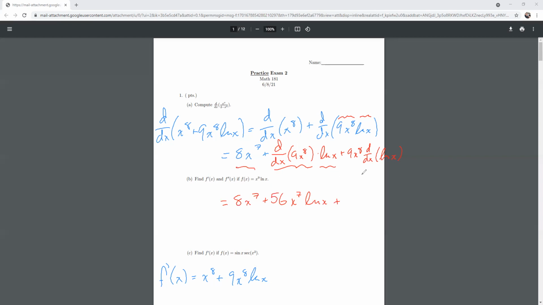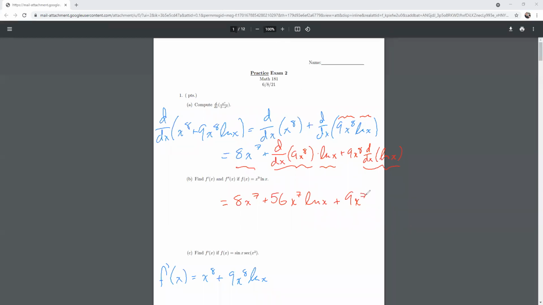And now we have our last bit. 9x to the 8 stays the same, but we take the derivative of this. That's just 1 over x. But we can simplify this further. So we have power 1 here and 8. They cancel, and you just have a 7, right? So here, let me just do that all in one statement.